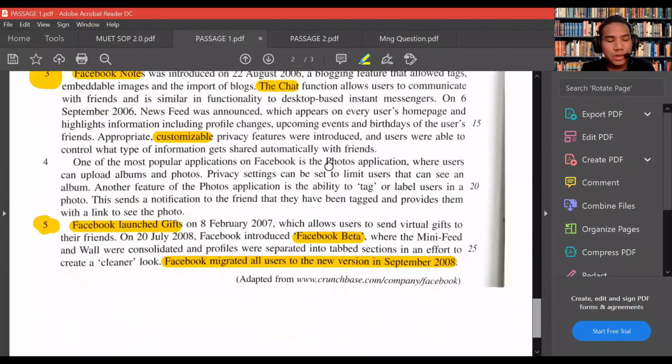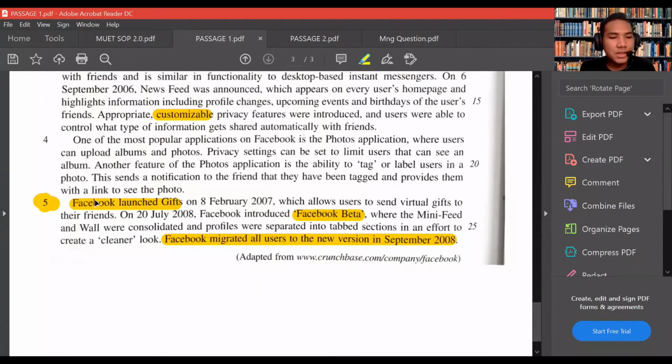As we look in the last paragraph, you can see that Facebook launched GIF and Facebook Beta. Facebook launched GIF as another application, where users can send visual GIFs to their friends, and when Facebook introduced Facebook Beta, the mini feed and wall were consolidated and profiles were separated into tab sections in an effort to create a cleaner look.